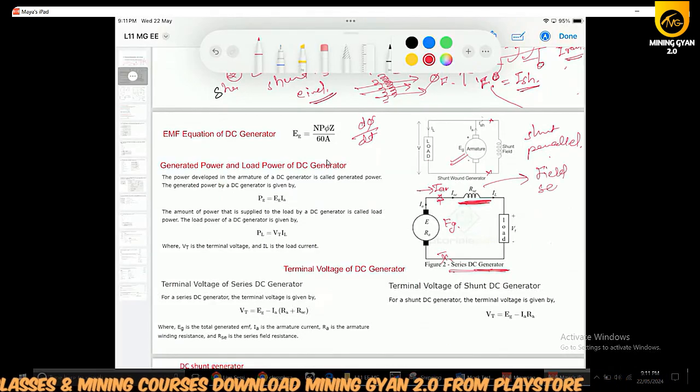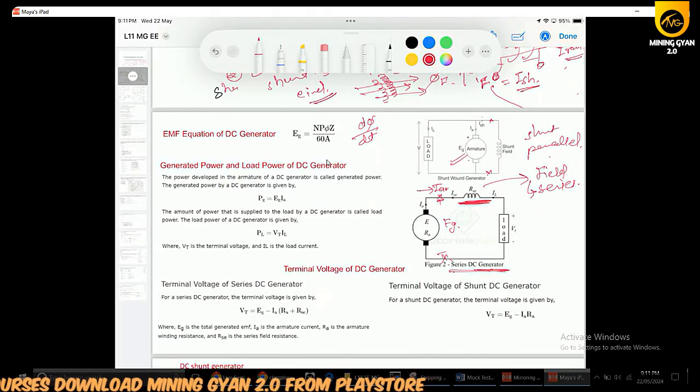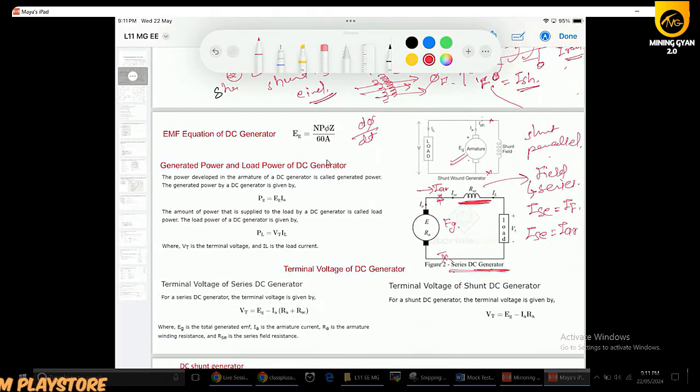In case of a series DC generator, the field winding is connected in series with the generator, such that I_SE is the I_F, and I_SE equals I_AR only, and I_AR equals I_L, because we have connected the load across these two terminals.